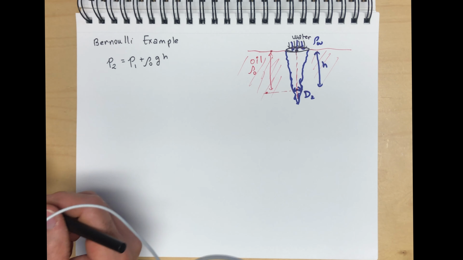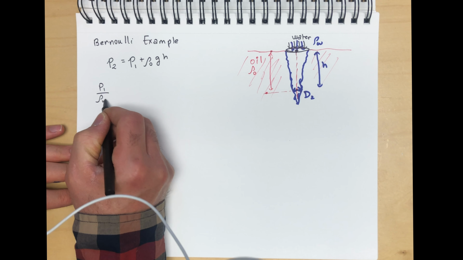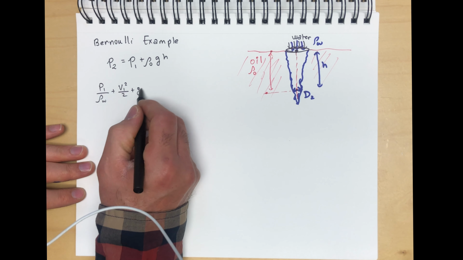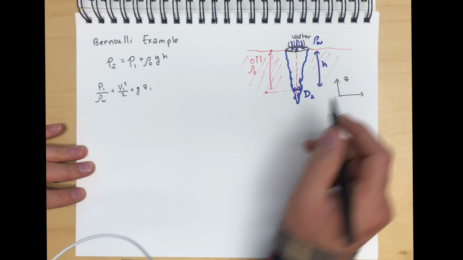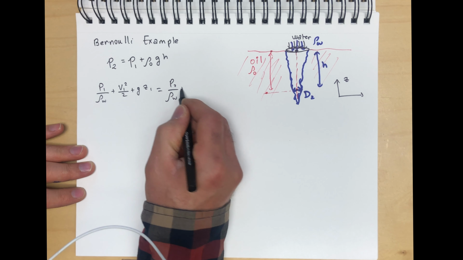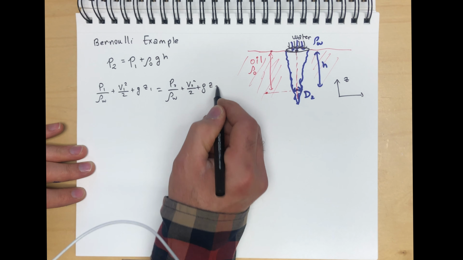Okay? So now we can apply Bernoulli and say P1 over rho water plus V1 squared over 2 plus g Z1, so again, this is Z, is equal to P2 over rho water plus V2 squared over 2 plus g Z2.